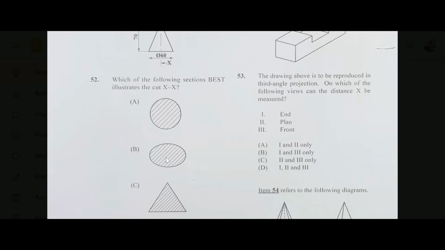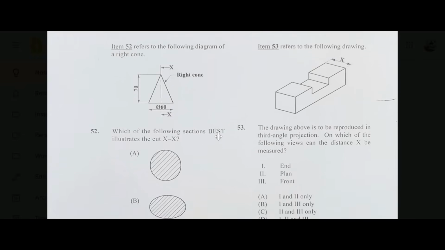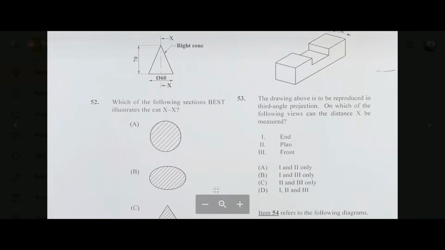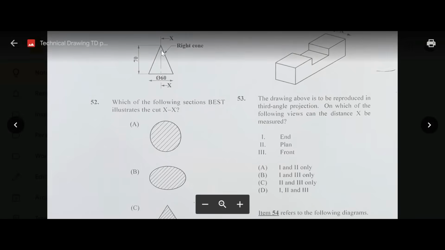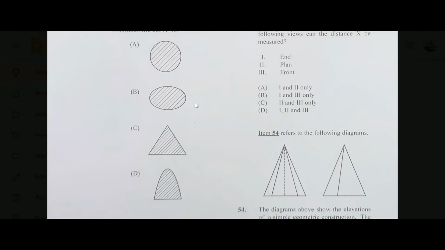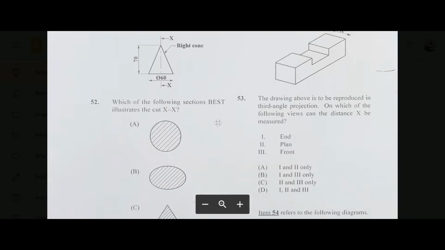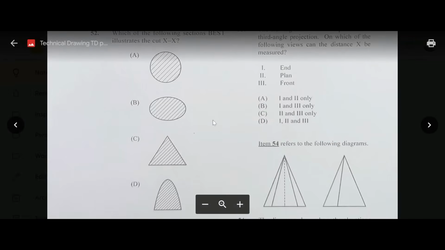It's definitely not A, and it's not B. It's either C or D. Because of how it was cut straight down the center, I have to say that the answer is C. Right? So the answer is C. If it were cut diagonally like this, then the answer would be B. But because it's cut straight down the center, then the answer is C.